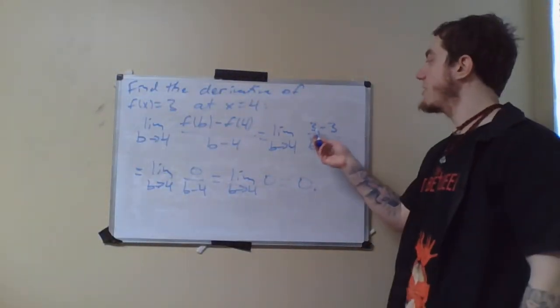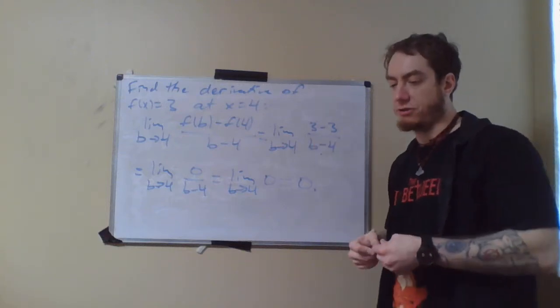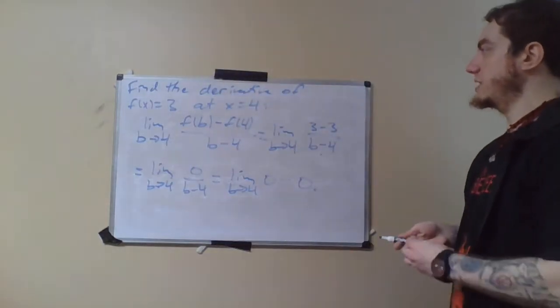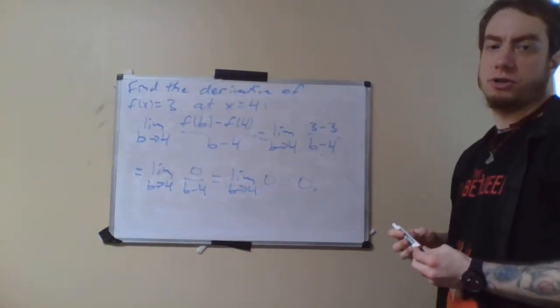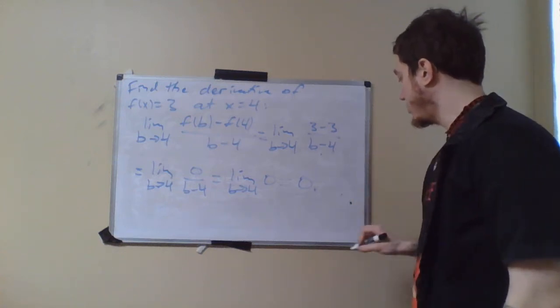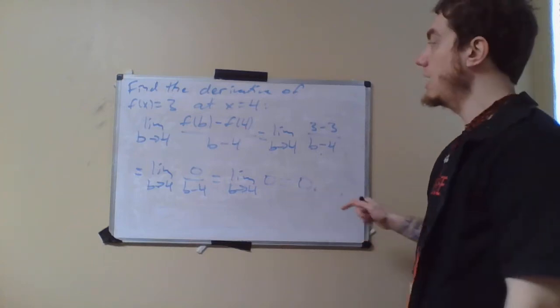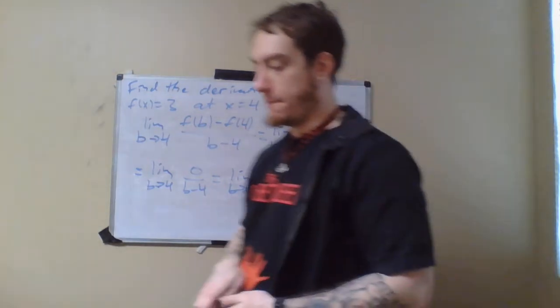You could probably see it directly from here even, that if we skip down to the end, it's going to come out to be 0. But this is exactly what we would expect. We would expect that a constant function would have a rate of change of 0 everywhere. So in particular, we verified it has a rate of change of 0 at x equal to 4.